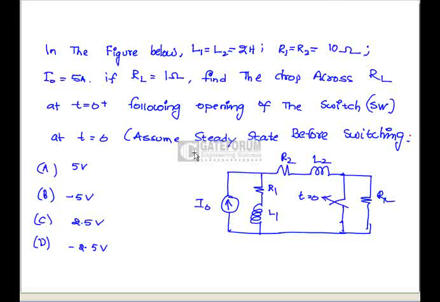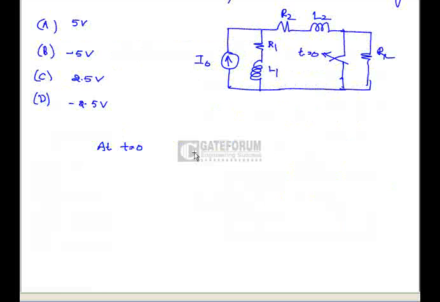At t equals 0 plus, we need to draw the diagram. So at t equals 0 minus, IL2(0⁻) equals 2.5 amps.